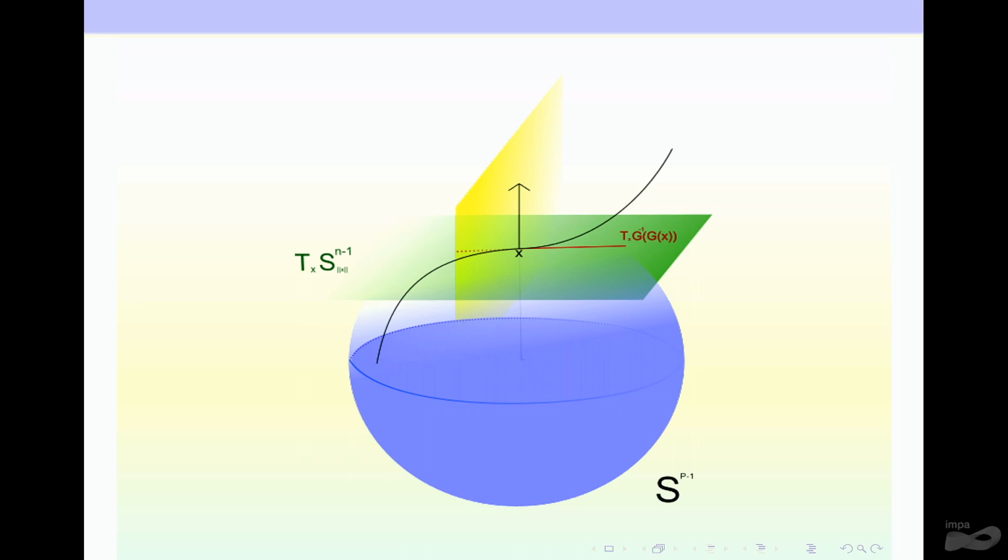And so if such a line here is tangent at the point x to the sphere of radius absolute value of x, what are we saying? We are saying that such a red line here must be included in the tangent plane of the sphere. That's the green plane here.